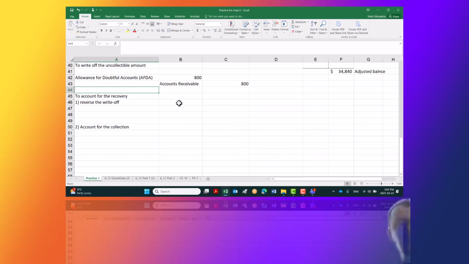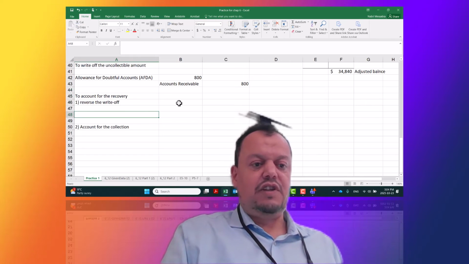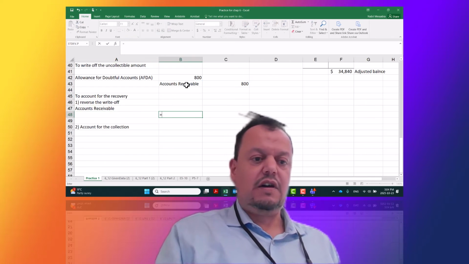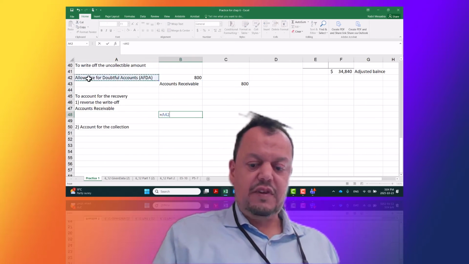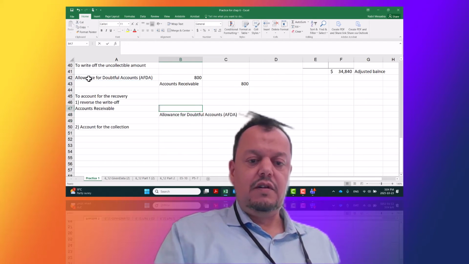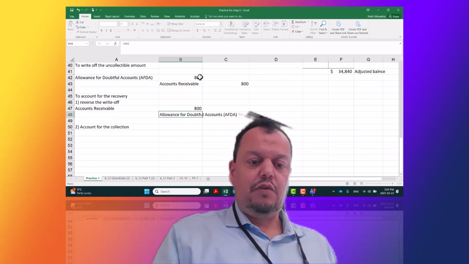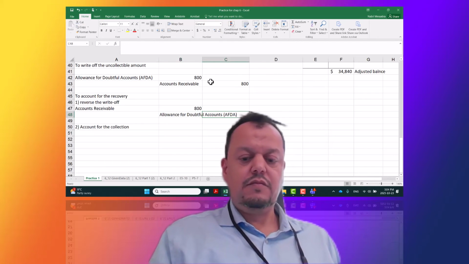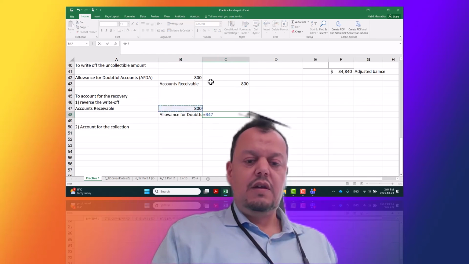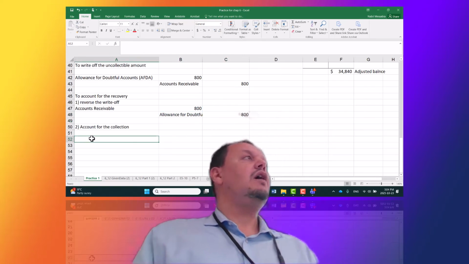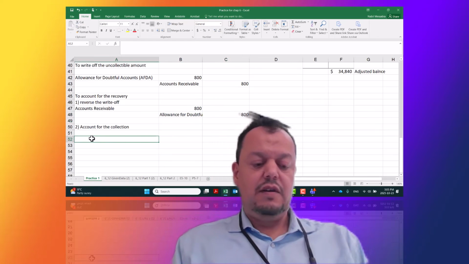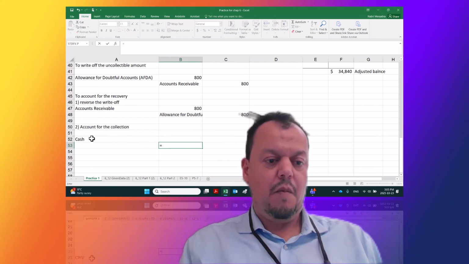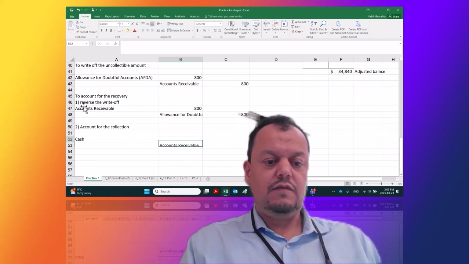We simply reverse the entry, so debit accounts receivable and credit the allowance for doubtful accounts, so that we reverse the entry of write-off. And then after that, we account for the collection, which means debit cash and credit accounts receivable, $800.